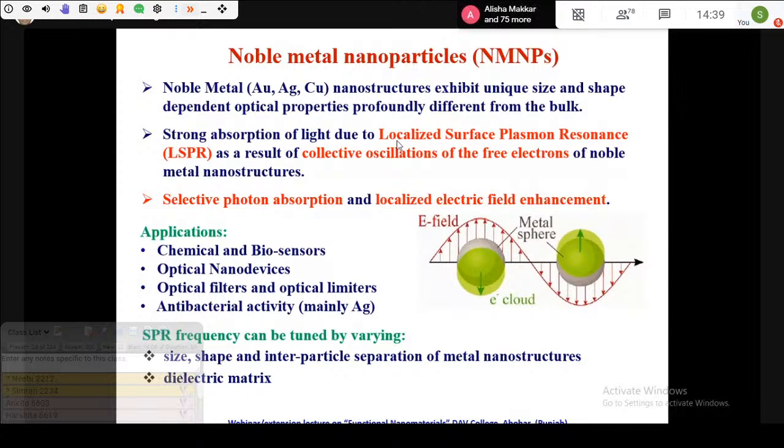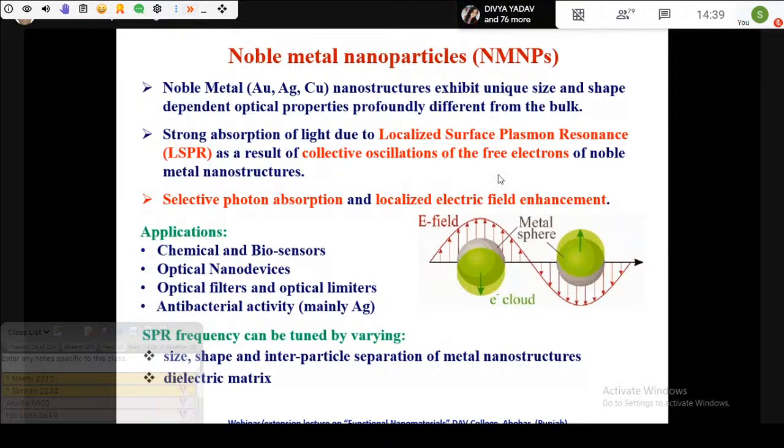Just stick to the words: localized surface plasmon resonance in noble metals at nanoscale size. And why does it happen? Because of the collective oscillation of free electrons on their surface. We'll see also why.